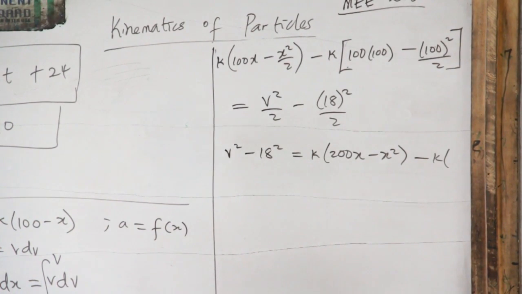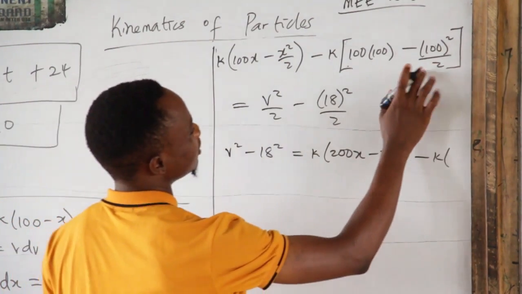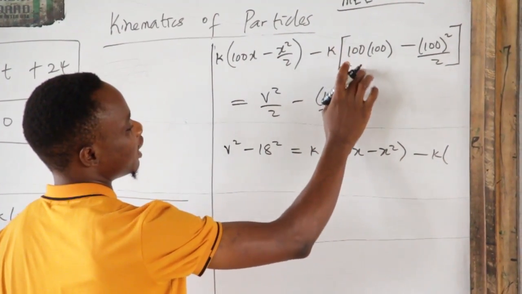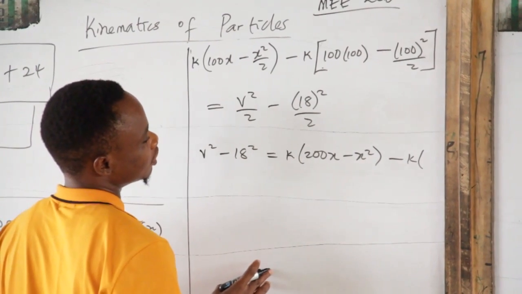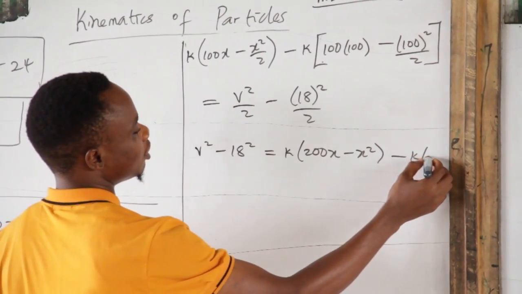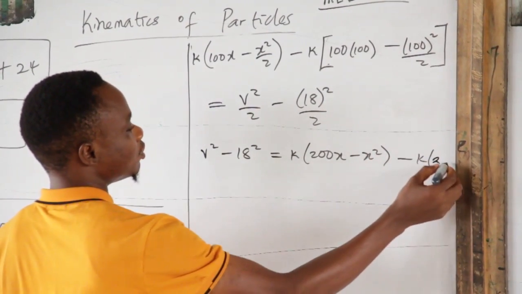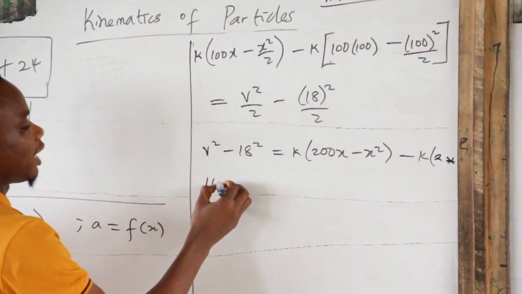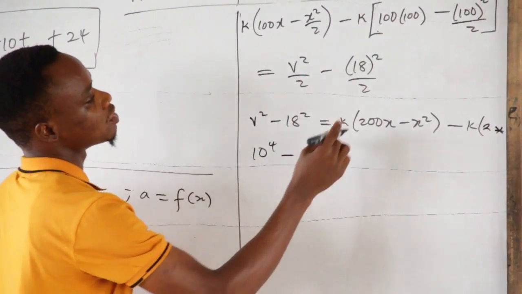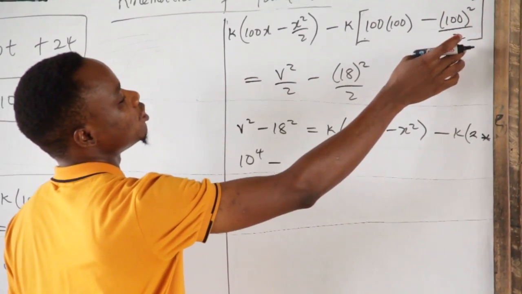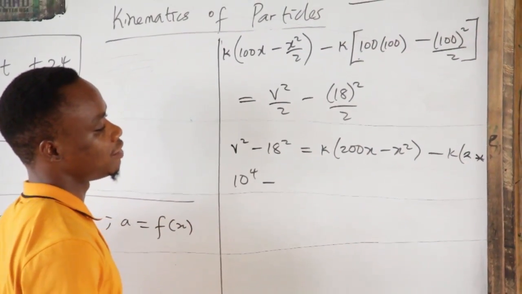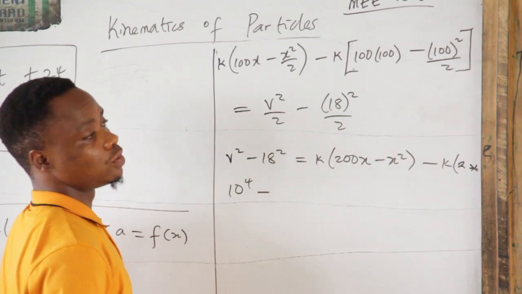That's 10 raised to the power 4, right? So when I multiply it by 2, that will be 2 times 10 raised to the power 4, minus, when I multiply this by 2, this will play off this 2 I have right here. Does that make sense?